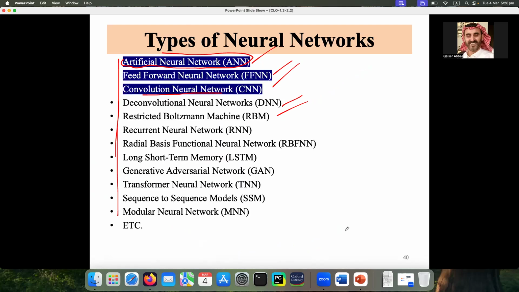Okay, now moving next. What are the different types of neural network that you will see in your whole life? Artificial neural network: if I say neural network, or if somebody says artificial neural network, it's the same thing.